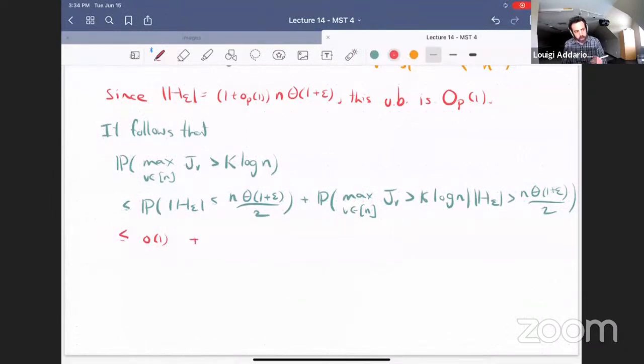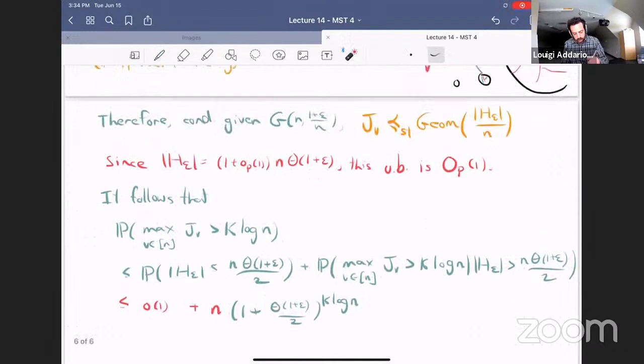And the second term is, just by union bound, n times the probability that one of these terms is bigger than k log n, given this, which is just the probability that a geometric with success parameter theta(1 plus epsilon) on 2 takes value bigger than k log n, right?